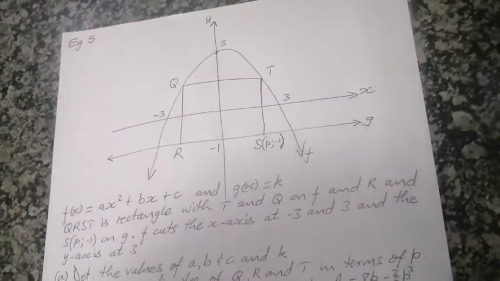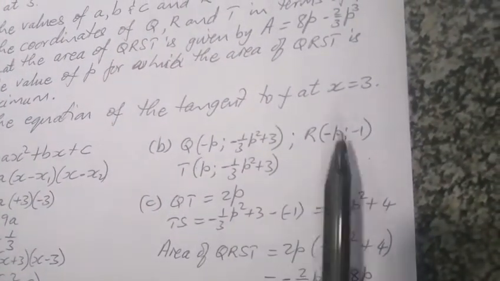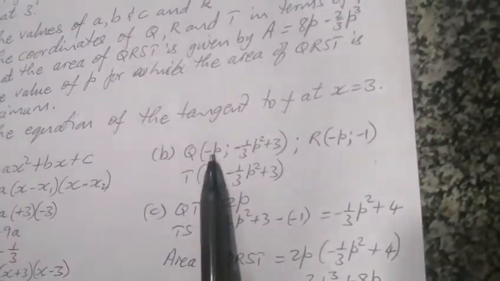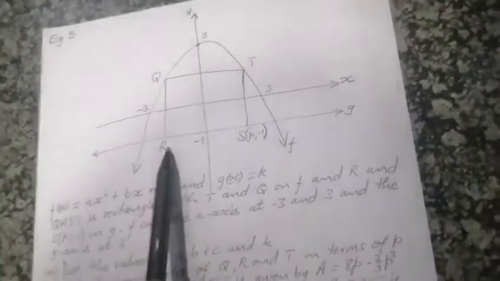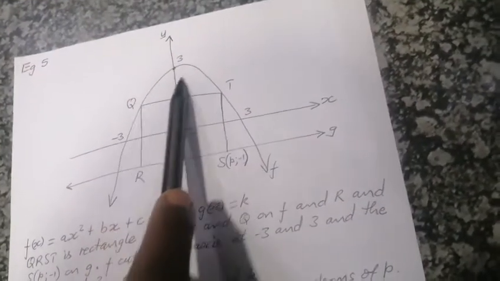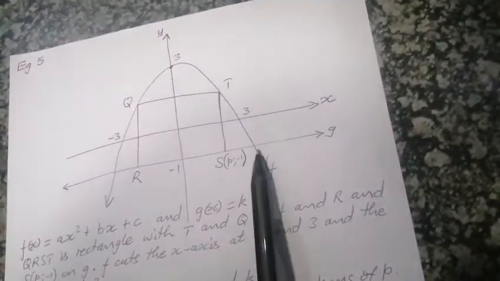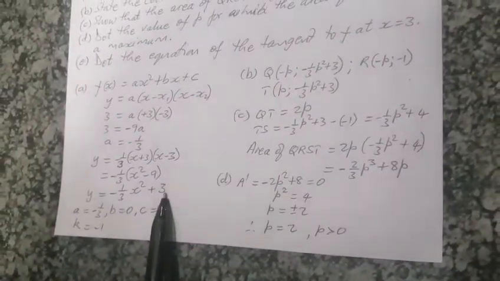Since QRST is a rectangle, then we also need the coordinates of Q. Since we know the x coordinate at R, we said it's minus p. So at Q it's also minus p. So we can substitute the x coordinate of R into this equation, which happens to be y is equal to minus a third x squared plus 3.